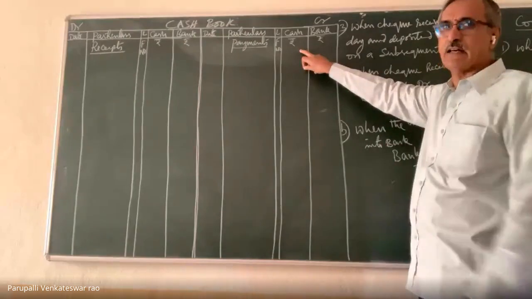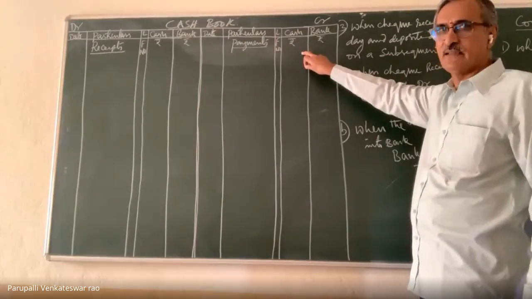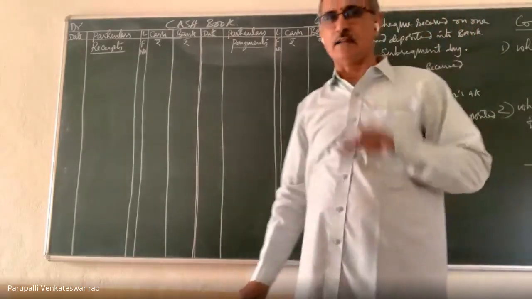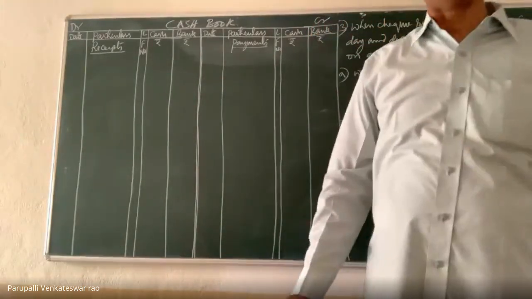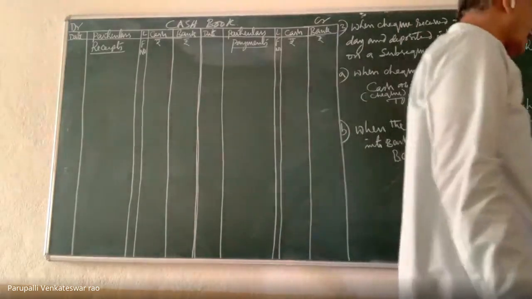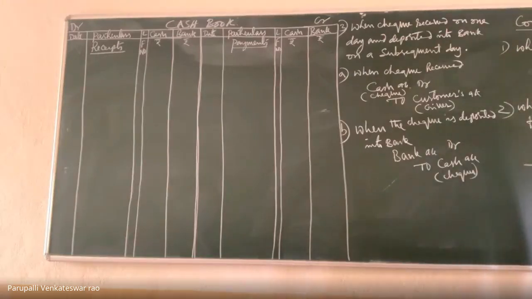Hence on the credit side also you have to write the cash column as the first column and the bank column as the second column. You can write any order, but the same order is to be maintained on both sides. Don't write cash, bank on one side and bank, cash on the other. Understood? So the same order needs to be maintained.